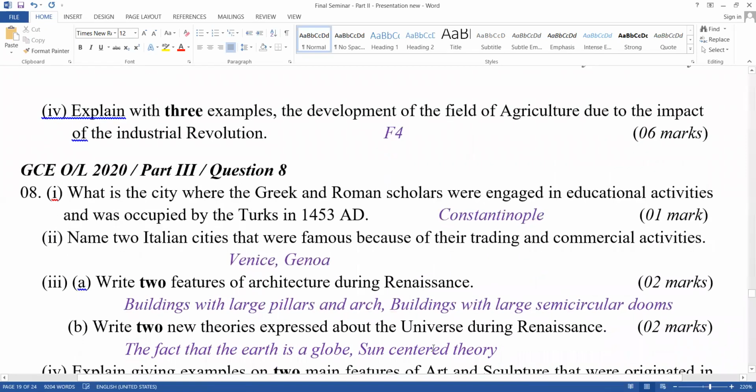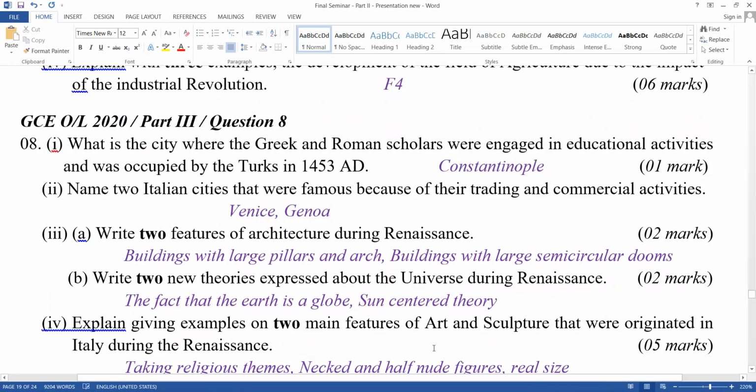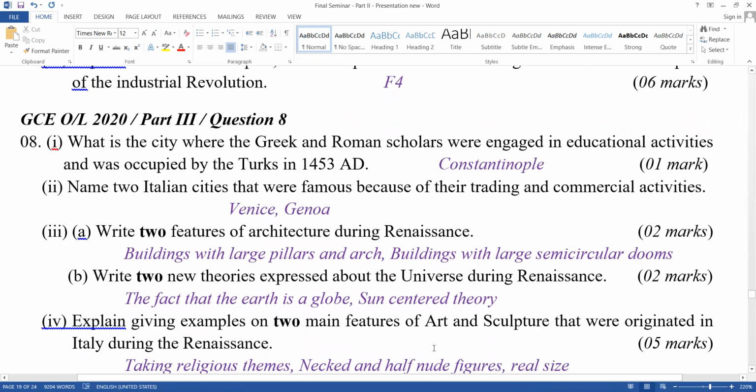And the next question is, write 2 new theories expressed about the universe during Renaissance. The fact that the Earth is a globe and the sun-centered theory. The fact that the Earth is a globe by Nicholas Copernicus and sun-centered theory by Johannes Kepler. And explain, giving examples, 2 main features of art and sculpture that originated in Italy during the Renaissance.